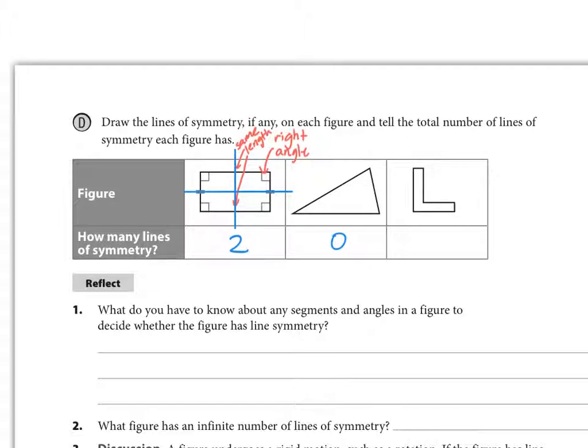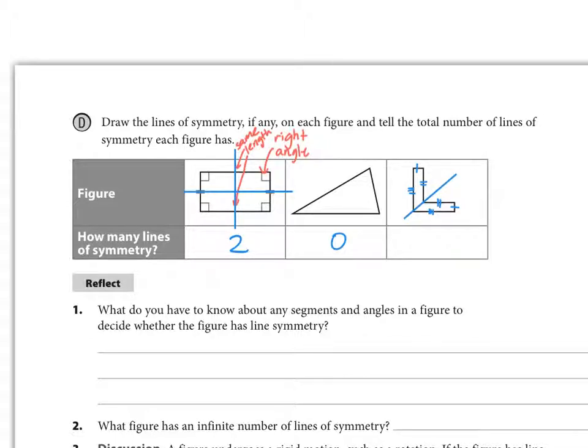With this L shape, this one's also an iffy one for me, but you can measure everything. I believe they are all equal to each other, the ones that needed to be. If that side is equal to that side, and this side is equal to this side, notice the amount of marks I'm having to use, then there is a line of symmetry coming from the bottom here and going up this way.